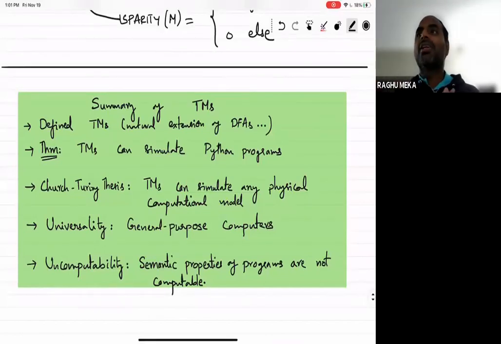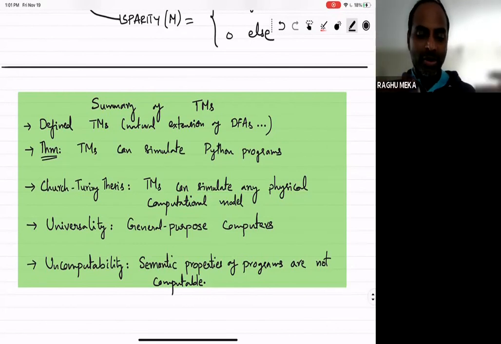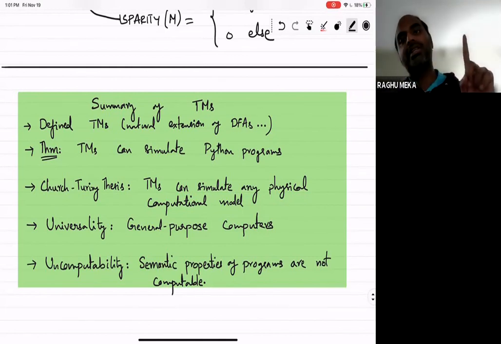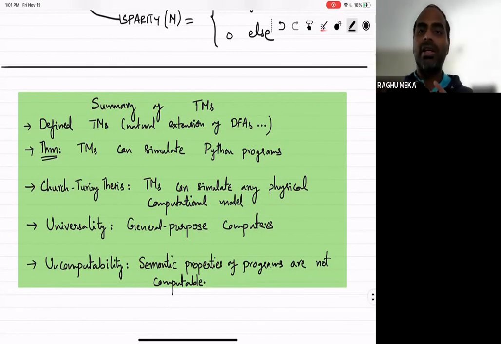Okay. So let's summarize our discussion of Turing machines, right? We started this about 2 weeks ago. We started by defining this new model of Turing machines by extending the notion of DFAs in 2 natural ways. DFAs were limited to make only a single pass on the data, so let's allow multiple passes. And then we also said, let's allow it memory, long memory.